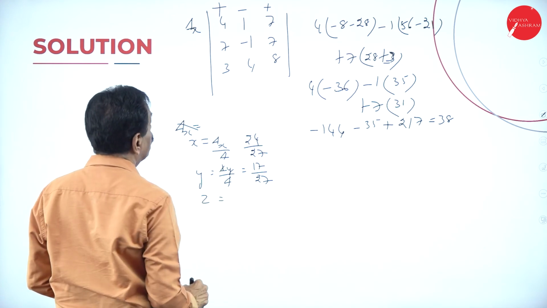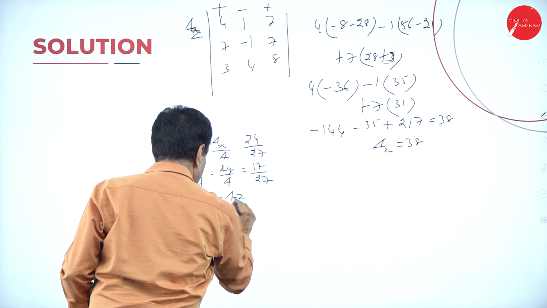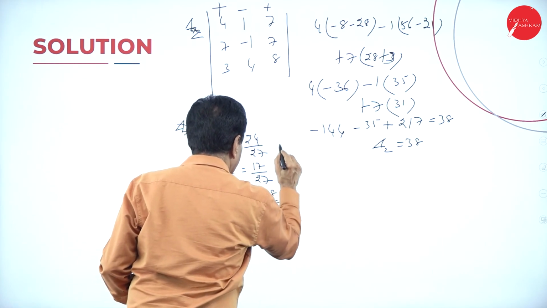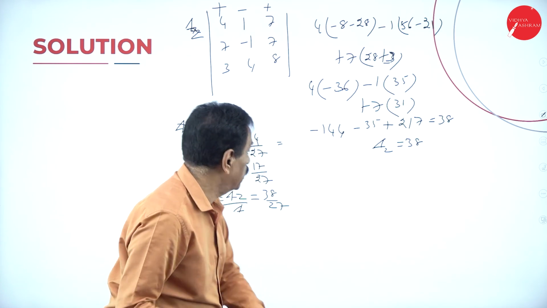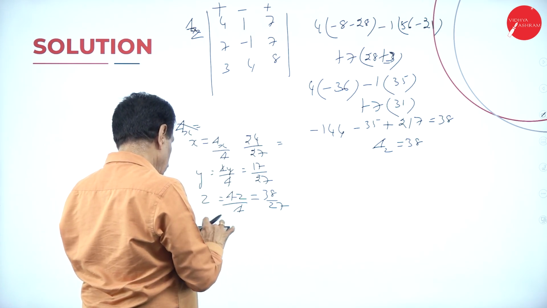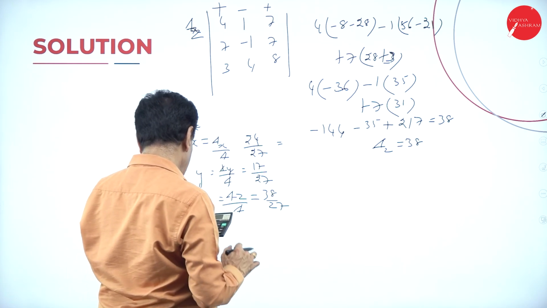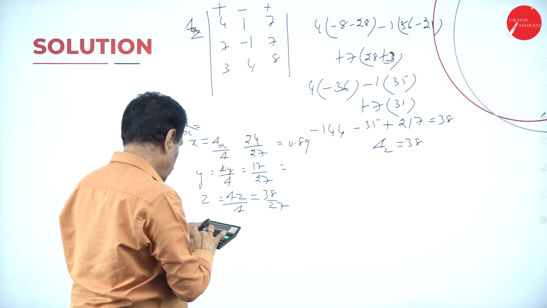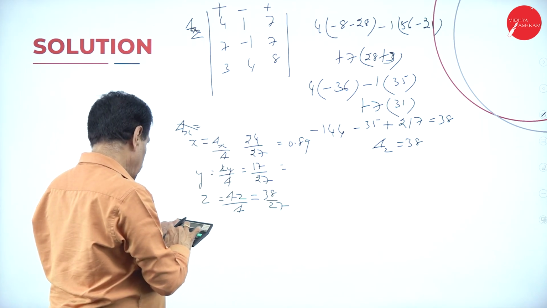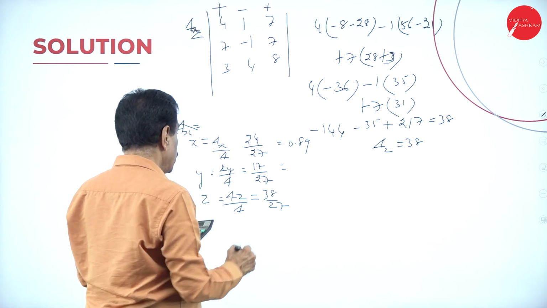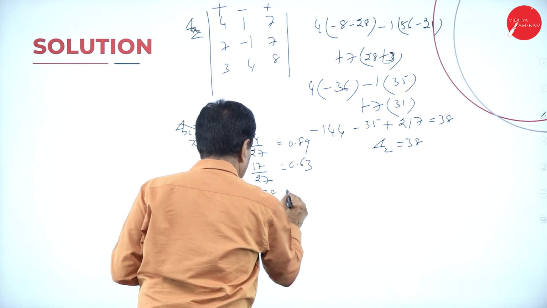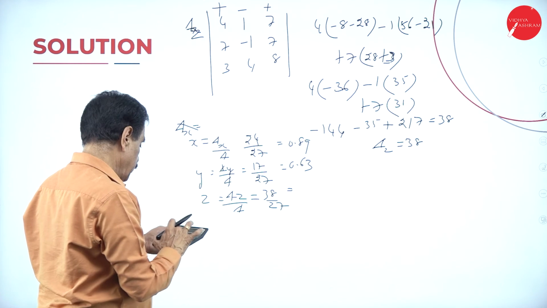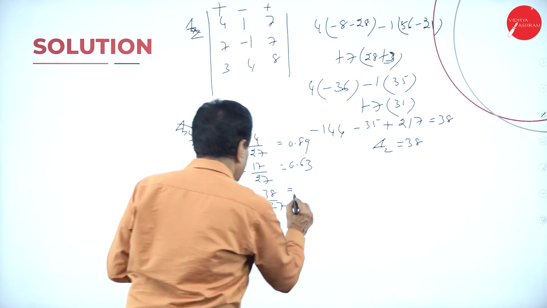Z is equal to delta z divided by delta, 38 divided by 27. 24 divided by 27, 0.89. 17 divided by 27, 0.63. 38 divided by 27, 1.41.